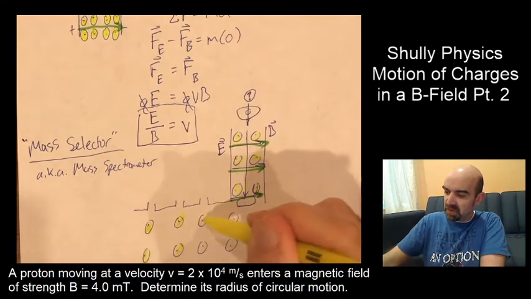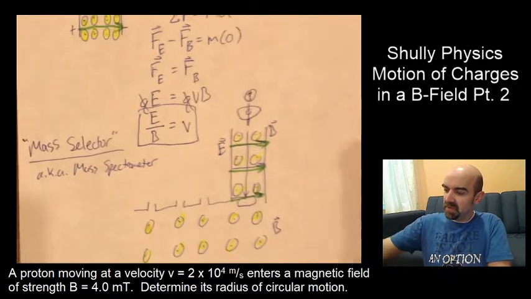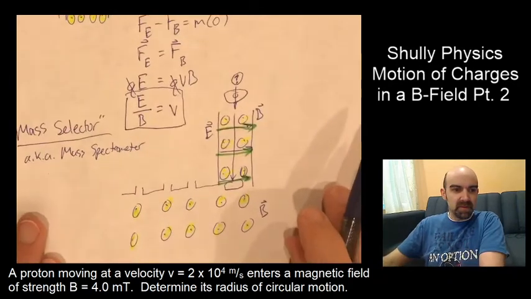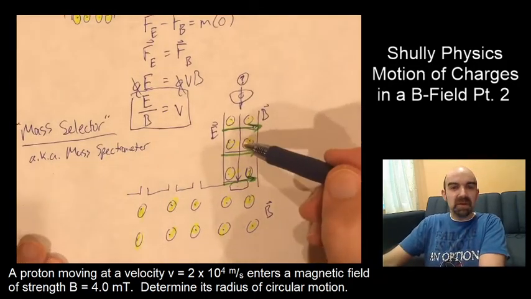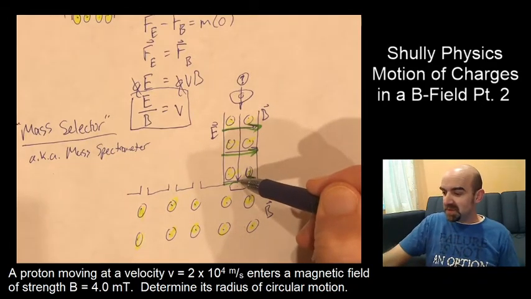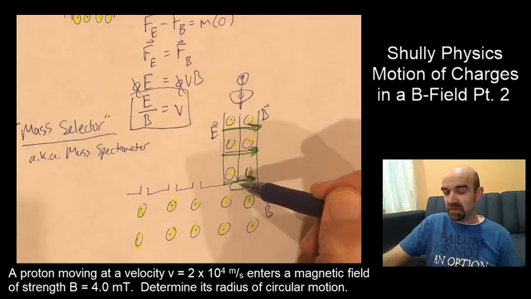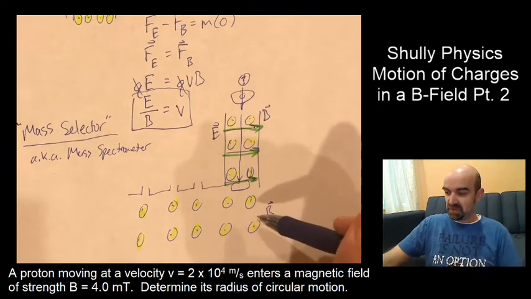This is our mass selector. So once many different kinds of charged particles exit the velocity selector, what are they going to do? They're going to start moving in circular motion.